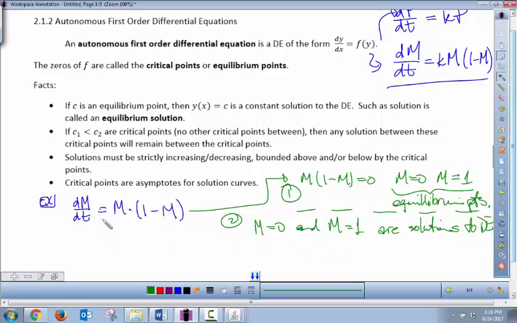So that means if I take the derivative of 0, that's 0, and then 0 times 1 minus 0 is equal to 0, so that works. If I take the derivative of 1, that's 0, and I have 1 times 1 minus 1, that's also 0. So they are, in fact, solutions to the differential equations. This says DE here. That's this fact right here.